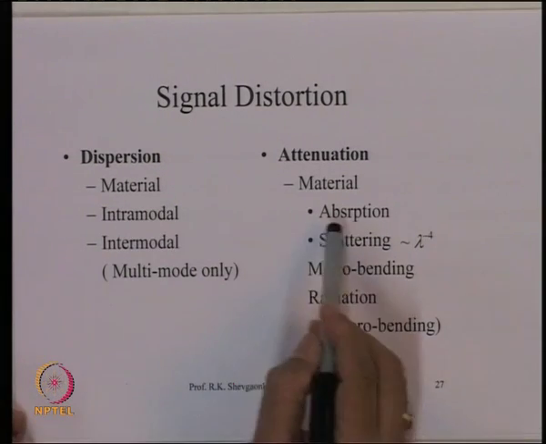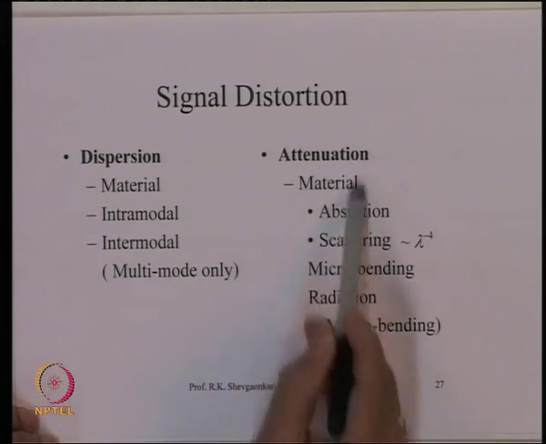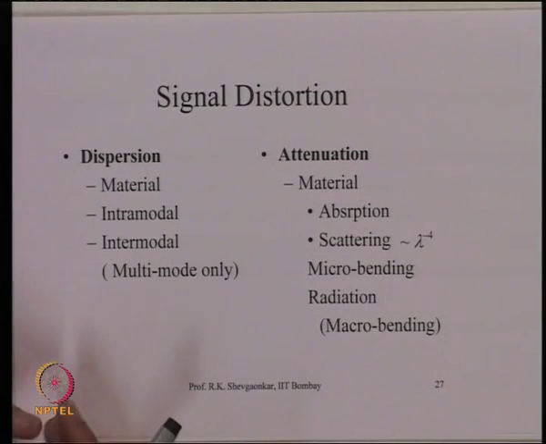And then as the signal travels on the optical fiber, there are losses which take place. So, the energy could be lost because of various mechanisms. Inside a material, the energy could be lost due to intrinsic absorption of light inside the material. Other possibility is that when you make a fiber, the fiber has some kind of micro centers created because of the manufacturing process or whatever it is.